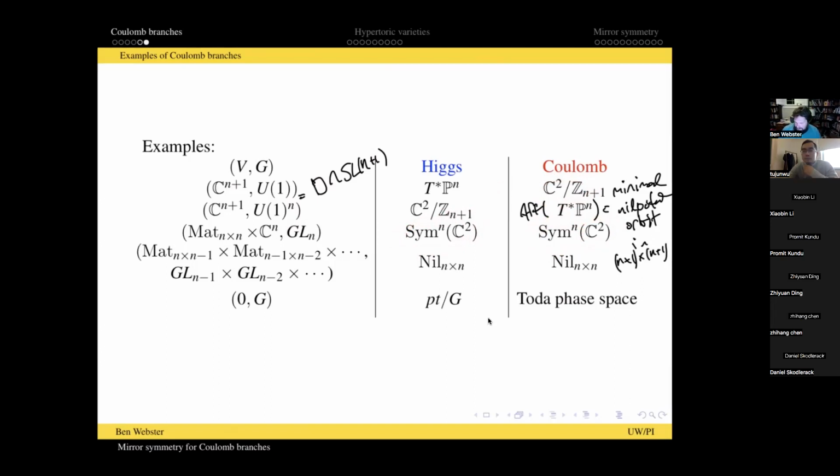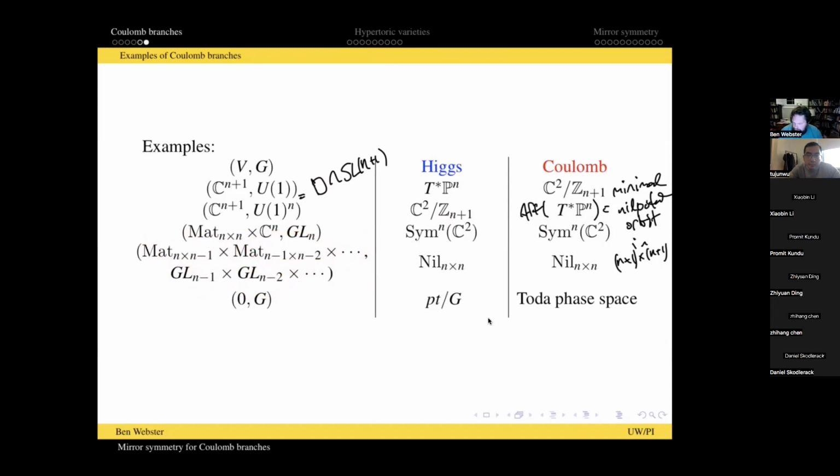This is a little more complicated: you take n by n-1 matrices, n-1 by n-2 matrices, n-2 by n-3 matrices, and mod out by GL(n-1), GL(n-2), GL(n-3), where GL(n-1) is acting by right multiplication here and left multiplication here, and GL(n-2) acts by right multiplication here and left multiplication here, etc.